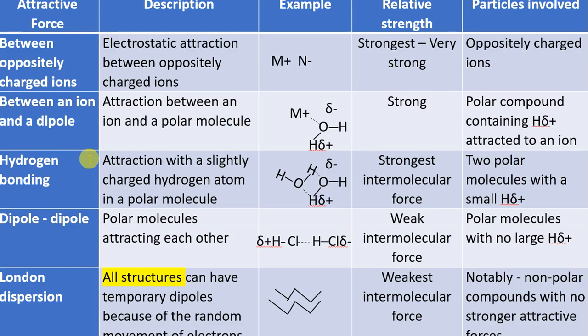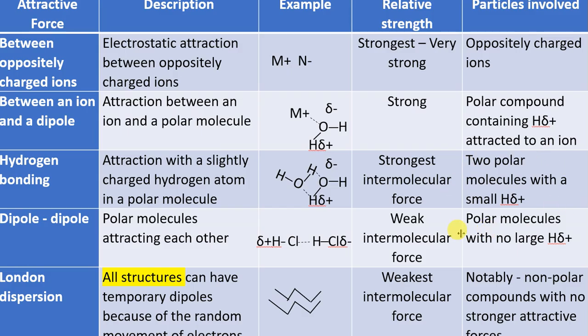After this, I get my 3 types of true intermolecular forces, attraction between covalent molecules. Strongest of the 3, hydrogen bonding. Yes, the strongest intermolecular force. I have attraction here with a slightly charged hydrogen atom in a polar molecule.